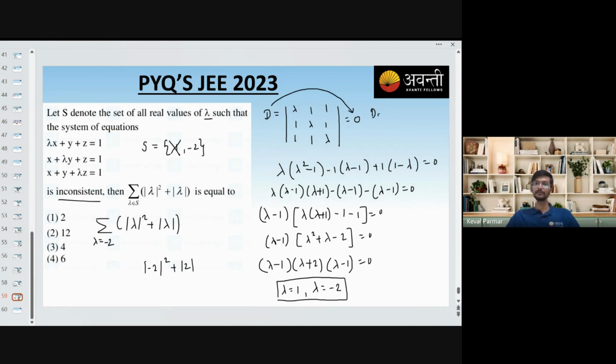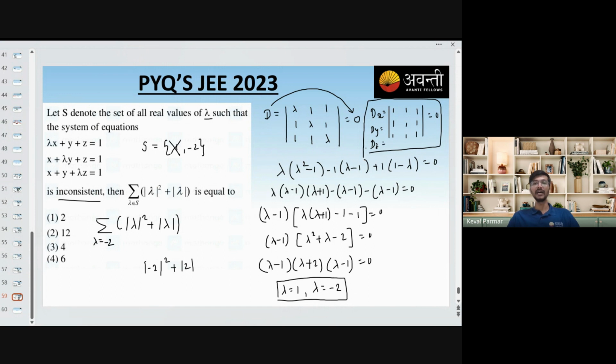Let's check Dx. If lambda is equal to 1, Dx is also 0. Every element is the same. Dy is also the same and Dz is also the same. That means if lambda is equal to 1, D equals Dy equals Dx equals Dz.